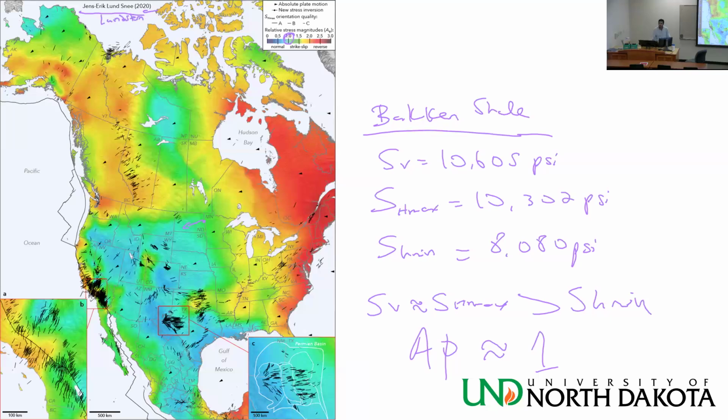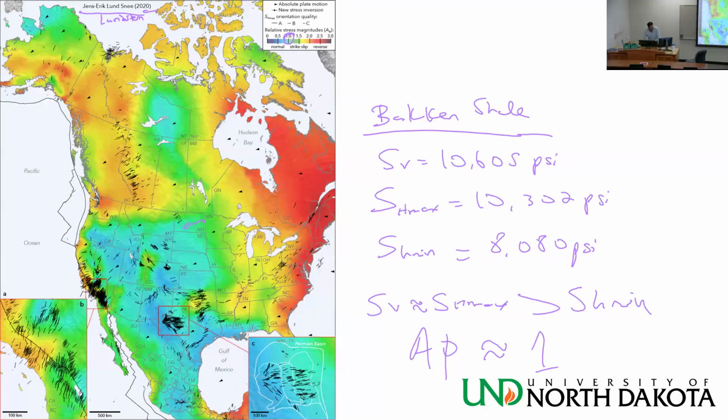He has a beautiful website, and you can go in and put your values of SV, SH max, SH mean, and it can tell you the value of alpha phi. But this is not really for you guys because you know how to calculate it now. But yeah, beautiful maps. Very easy way of color coding everything.